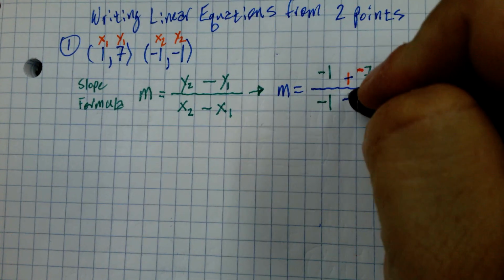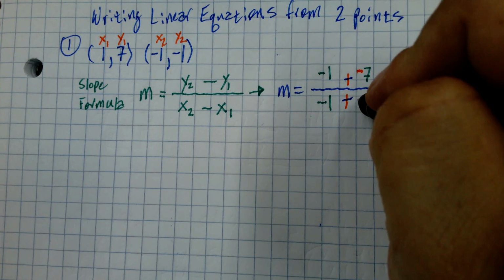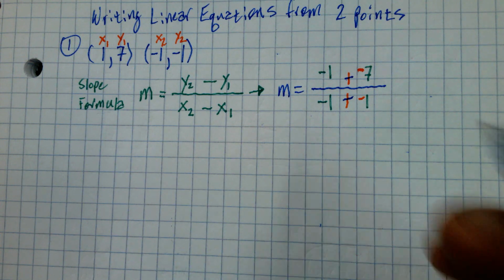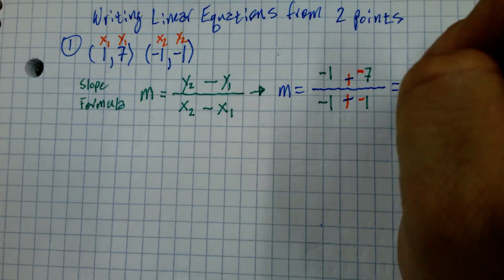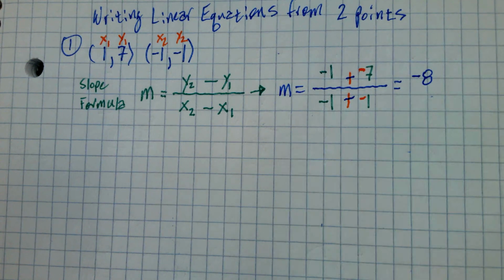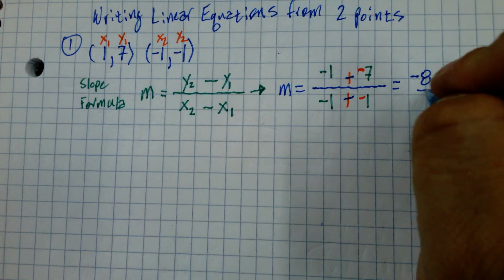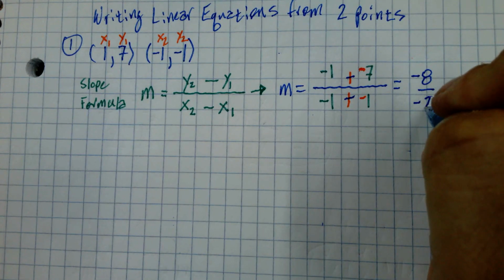I'm going to do that to both of them. Okay, so now this numerator is -1 plus -7. Well, that becomes -8. And on the bottom, I have -1 plus -1. So I know that's -2.